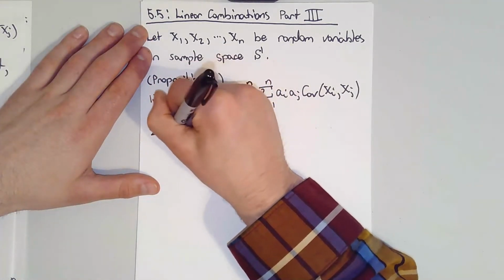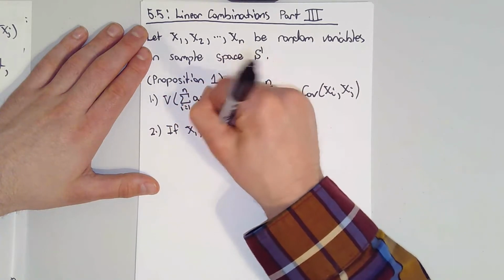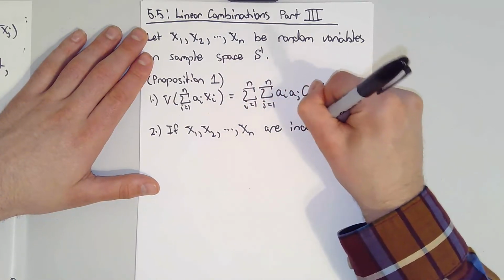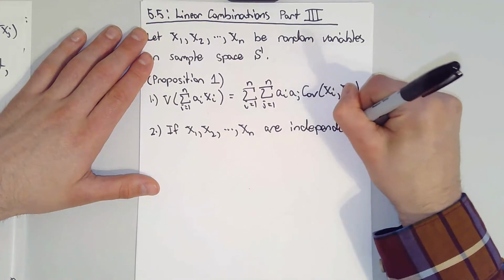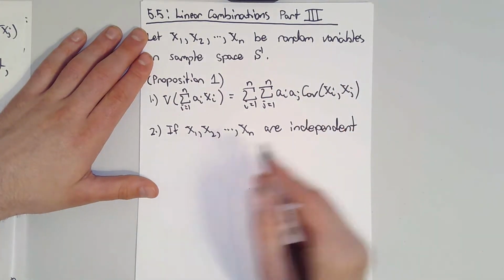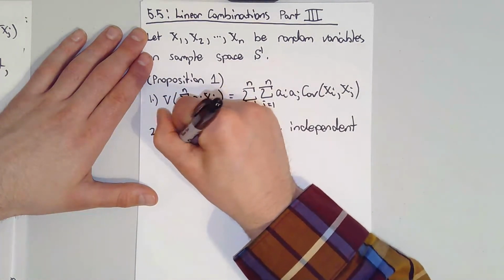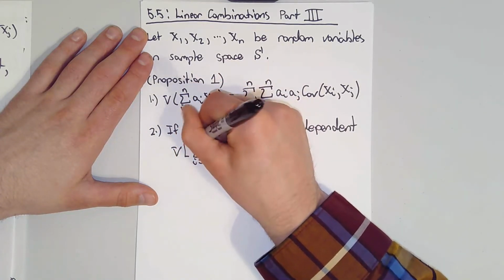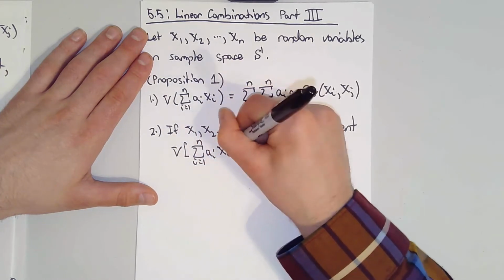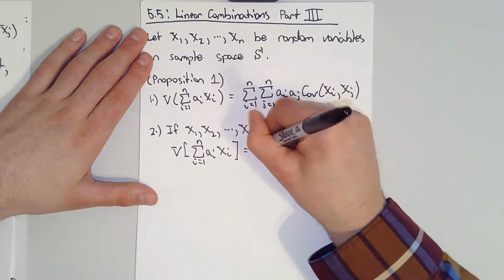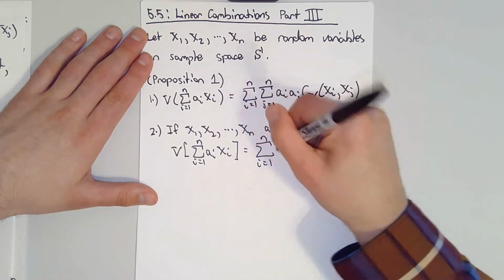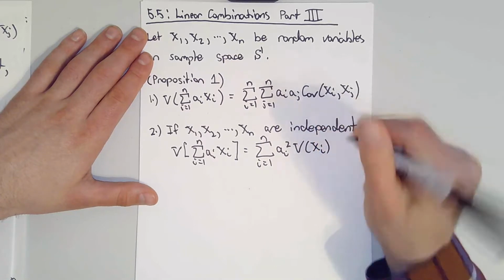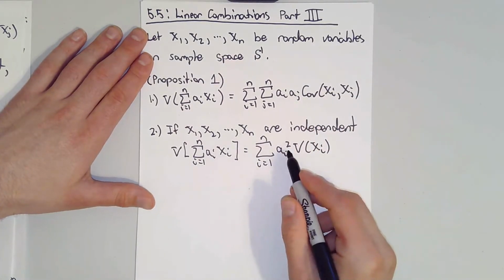Now, if our random variables are in fact independent, we have something close to being linear, but instead of being able to just factor out the constants, they are squared.